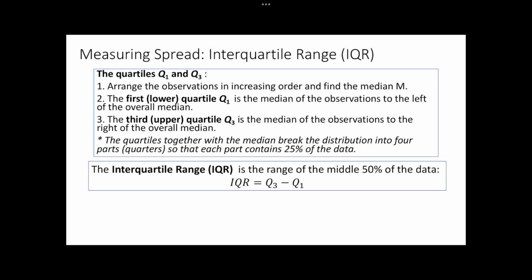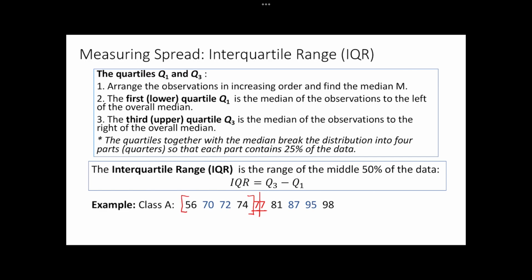The interquartile range is the difference, Q3 minus Q1. So let's look at an example here. Here's our class A again. Remember, we found the median was 77. So what we want to think about doing is cutting through that median. We're going to ignore that 77. So I have 4 numbers here on the left of the median.